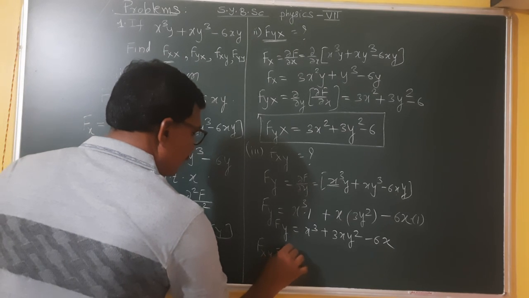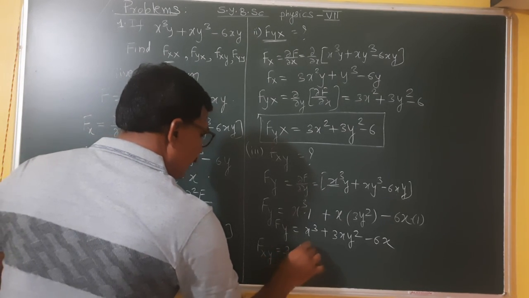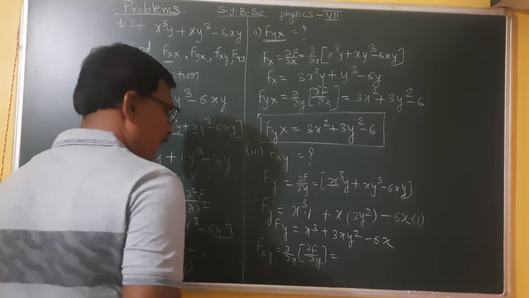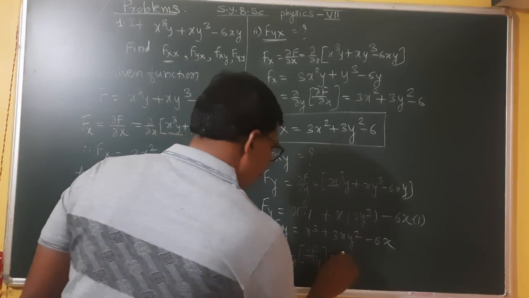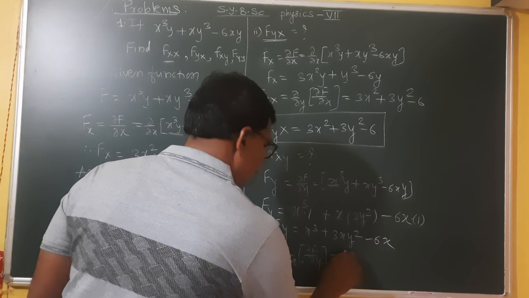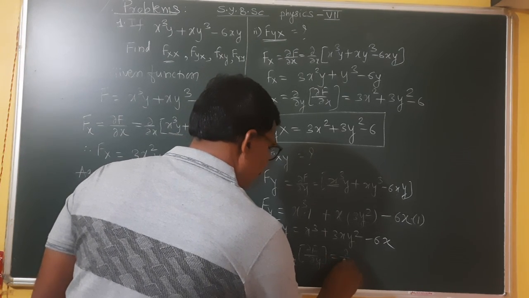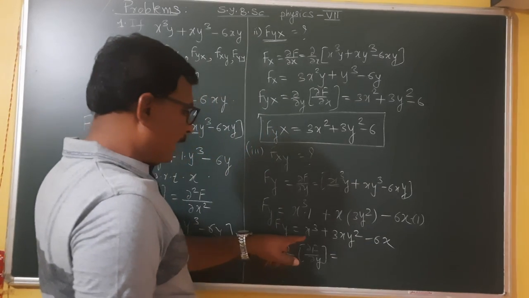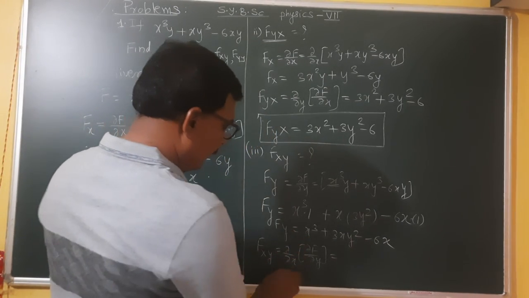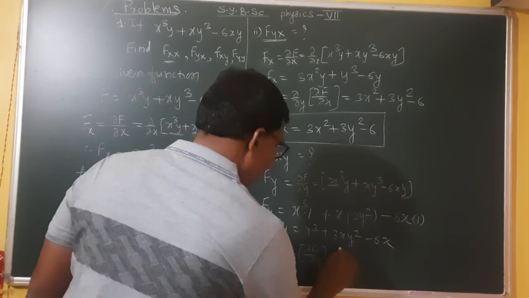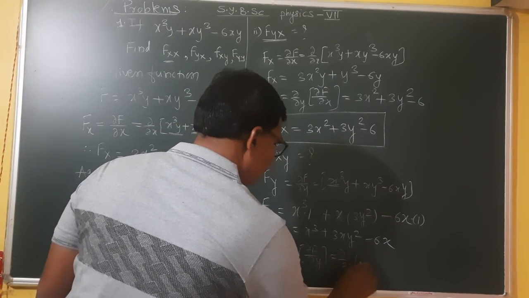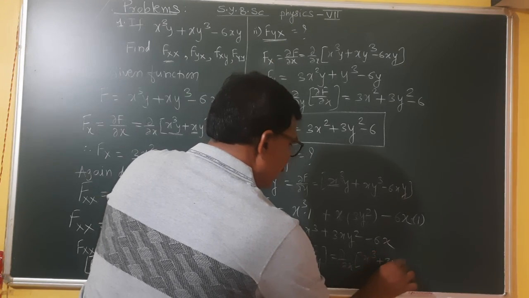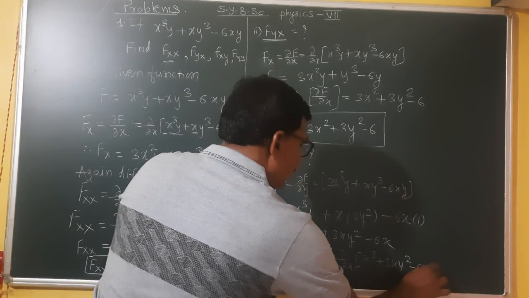fxy is equal to dou by dou x into dou f by dou y, and that is equal to, differentiating with respect to x, dou by dou x of the function x cube plus 3xy square minus 6x.